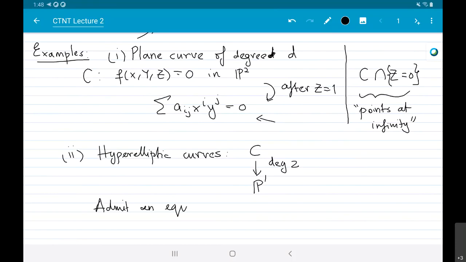As we saw yesterday, equations giving a curve are not unique, right? You can make transformations and move around variables. So these admit an equation that looks like this: y squared equals f(x), where, since we're over F_q, f(x) is a polynomial in F_q[x] that is square free.